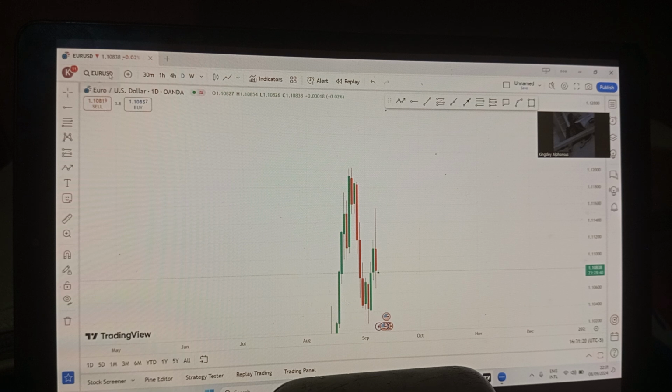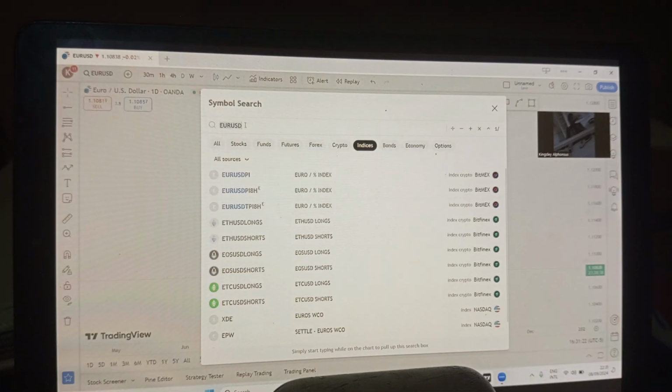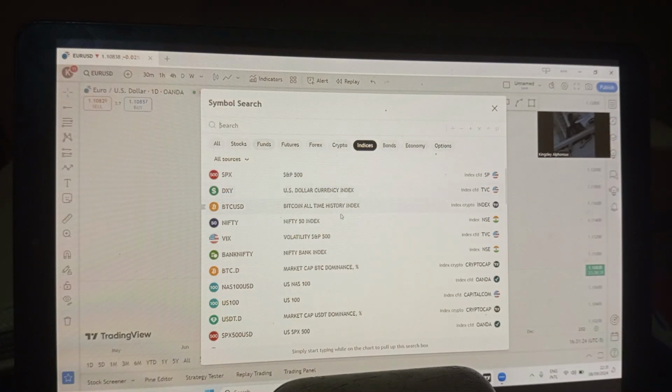Let me check another pair. Let me check GBPUSD. And if you like the strategy I'm showing you guys here, it works on currency pairs, synthetic indices and cryptocurrency, depending on the one you trade.